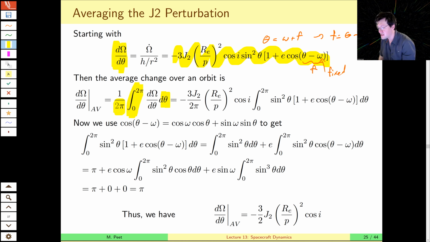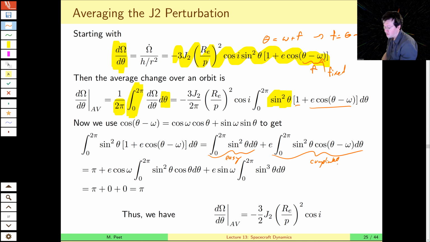All right, so we're integrating. There's a term which multiplies everything, and then there are two terms over here. There's this term and this term, and so we get sine squared. We multiply that out. We get this easy term, and we get the more complicated term right here. So the integral of sine squared, if you remember your trig integrals, looks like that.